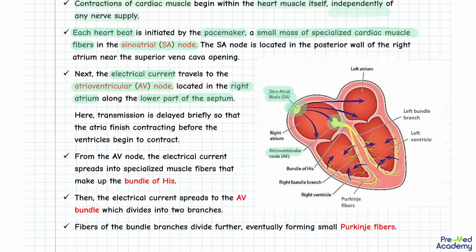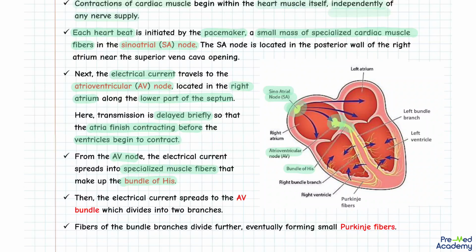Once the signal arrives at the AV node, it is delayed briefly, so that the atria can finish contracting, before the ventricles begin to contract. From the AV node, the electrical current spreads into specialized muscle fibers that make up the bundle of His. From there, the current travels to the bundle branches.